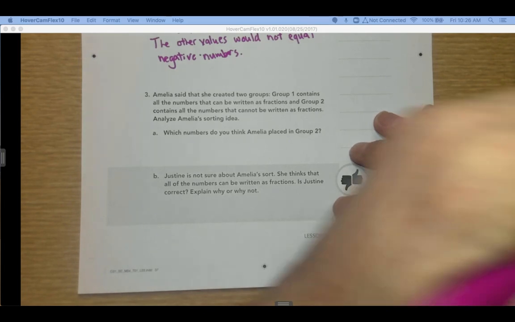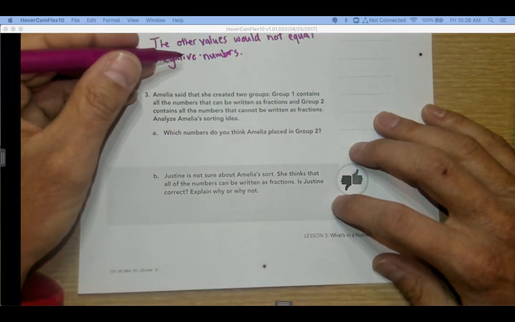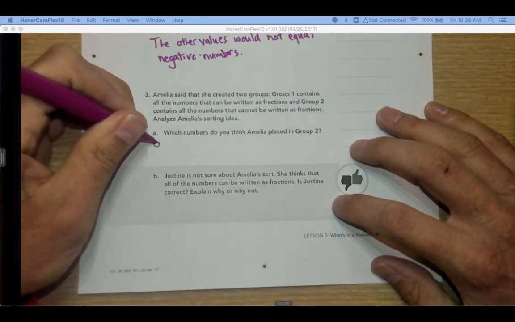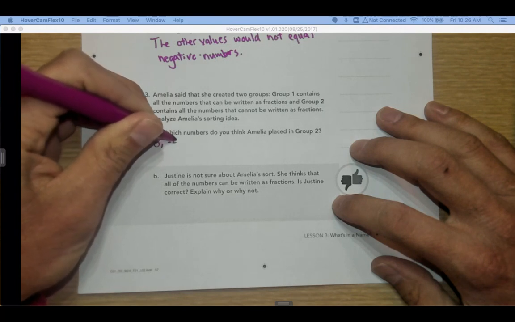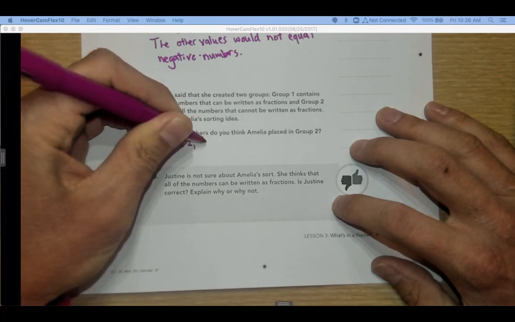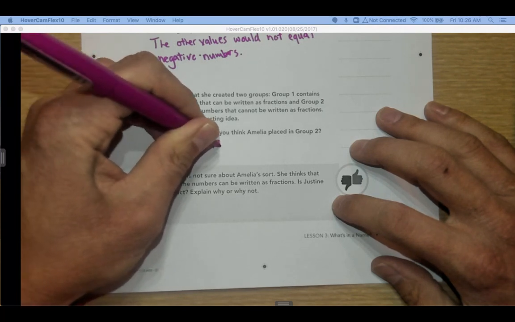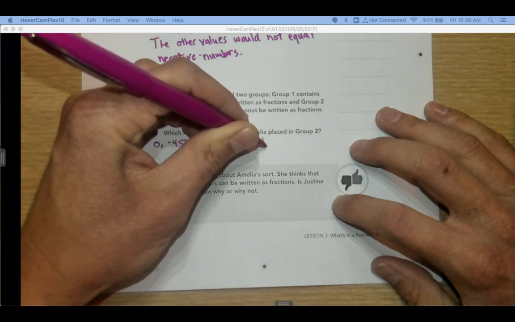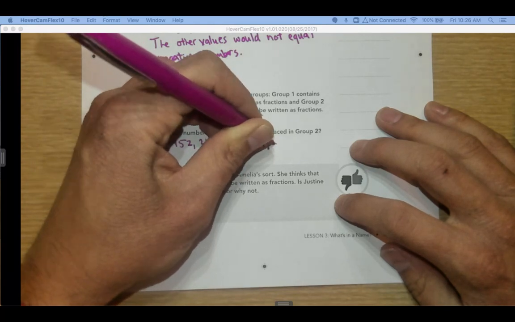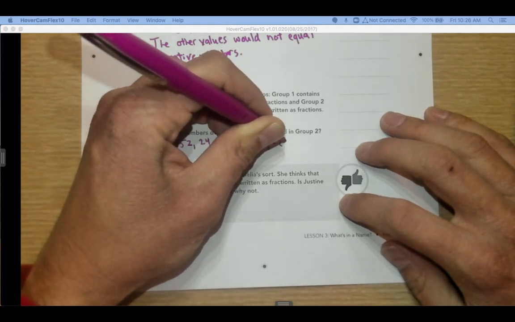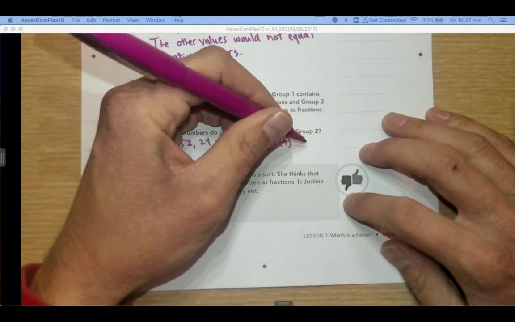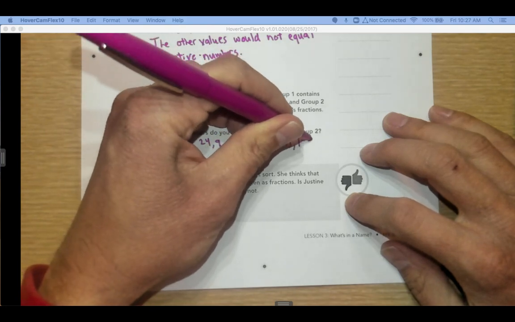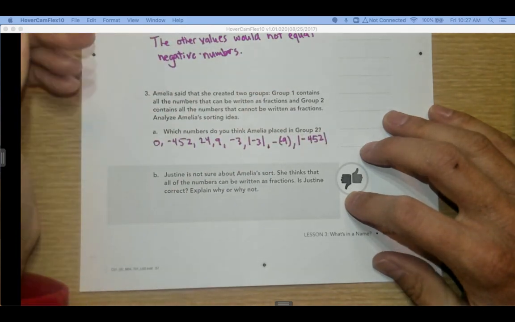I think she probably put in 0 and negative 452 and 24 and 9 and negative 3 and the absolute value of negative 3 and the opposite of negative 9 and the absolute value of negative 452. Okay.